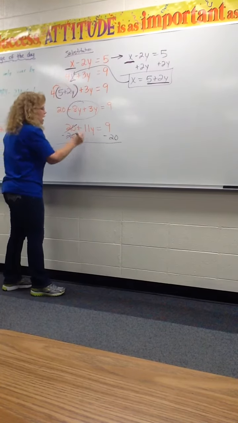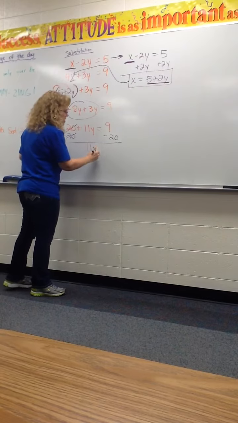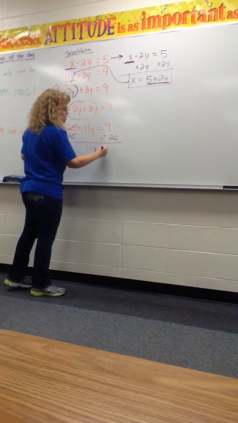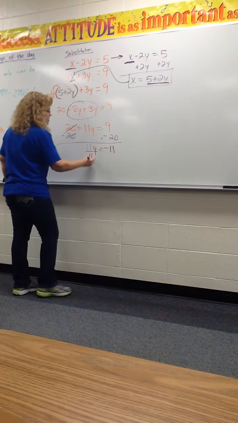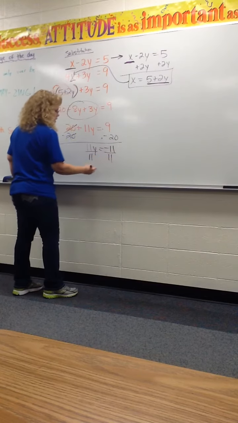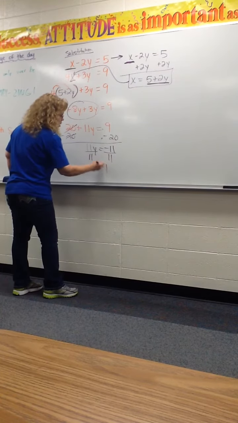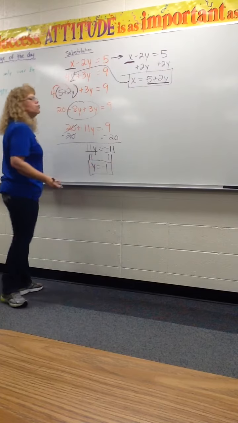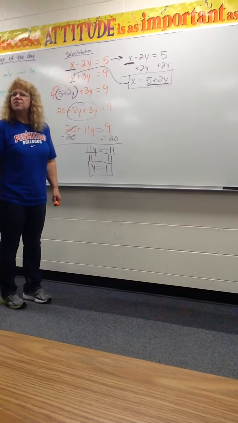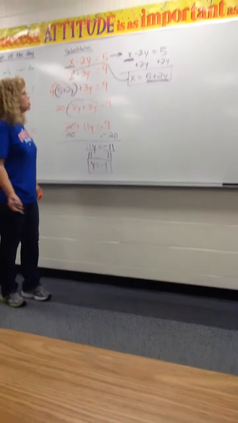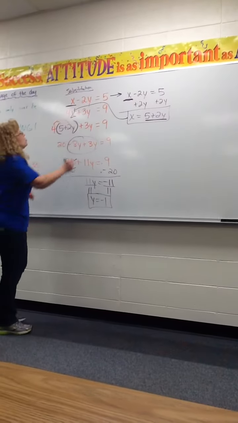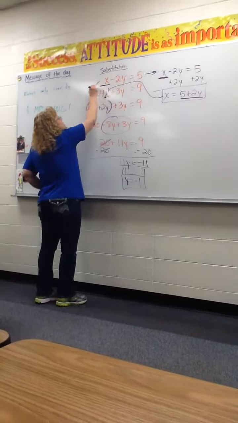This drops out. I got 11y equals? Right. Divide by 11, and what do I get? y equals -1. And remember, though, this is a system. So we need an x and a y that works in both of these.